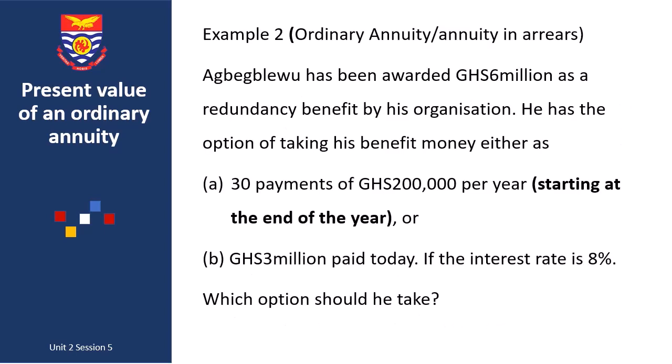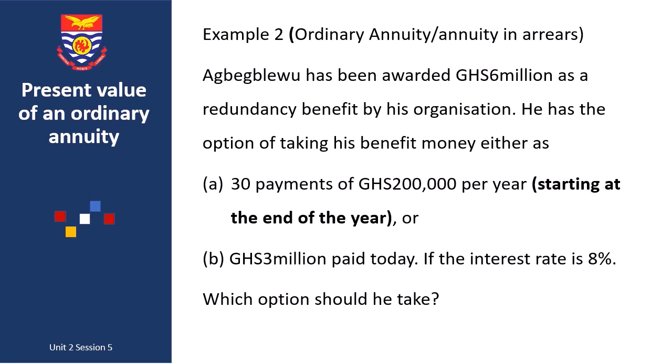So let's try example 2. This example will help us to distinguish between ordinary annuity and annuity in arrears or annuity due. Agbegbelewu, the name is very vague, but it's not anything, okay? Agbegbelewu has been awarded 6 million Ghana cedis as a redundancy benefit by his organization.